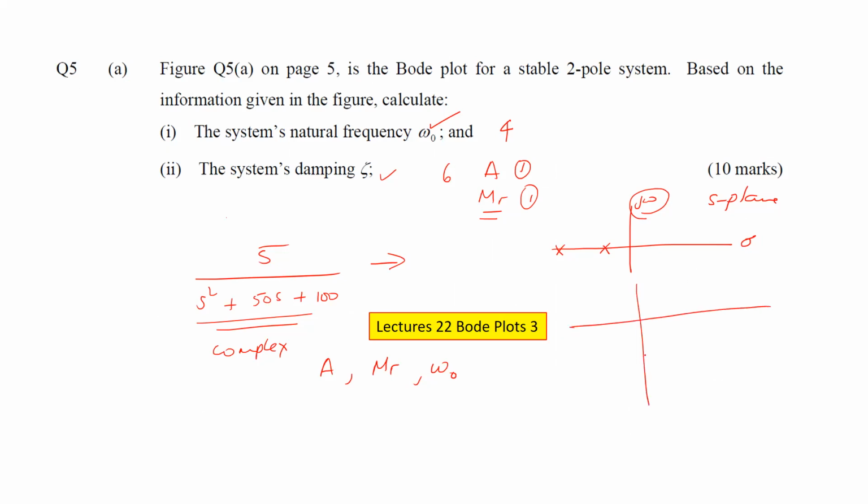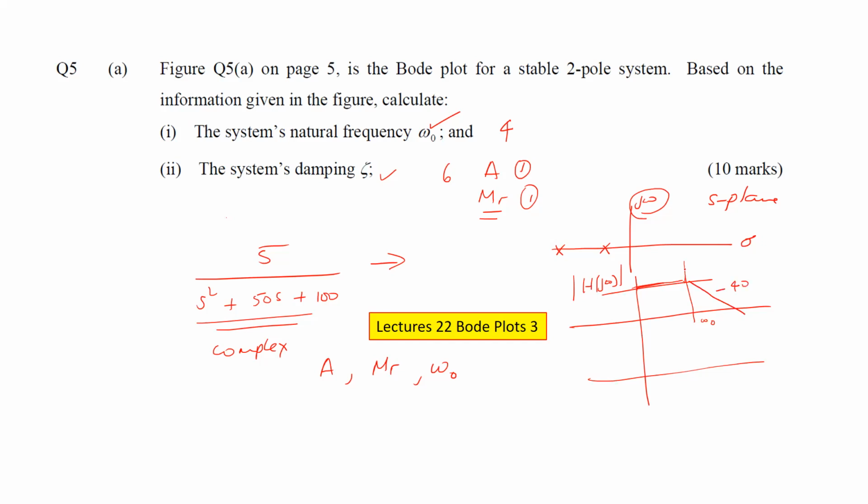So you plot in the magnitude response, which will be the 20 log |H(jω)| in decibels. So 20 log A would be this. Omega naught would be here, right? You will plot that is decreasing at minus 40.